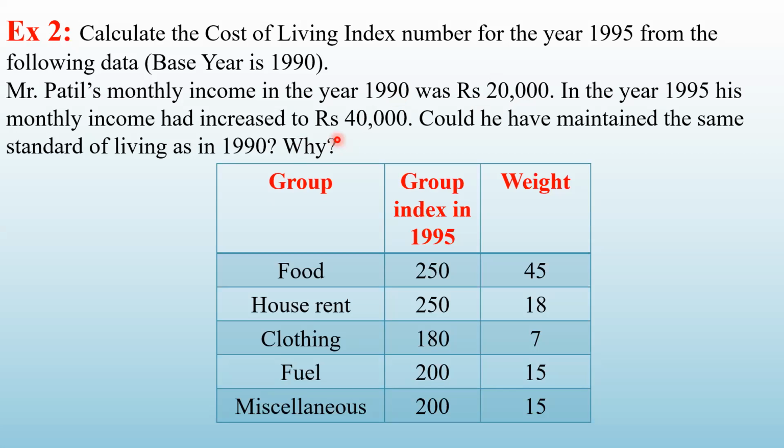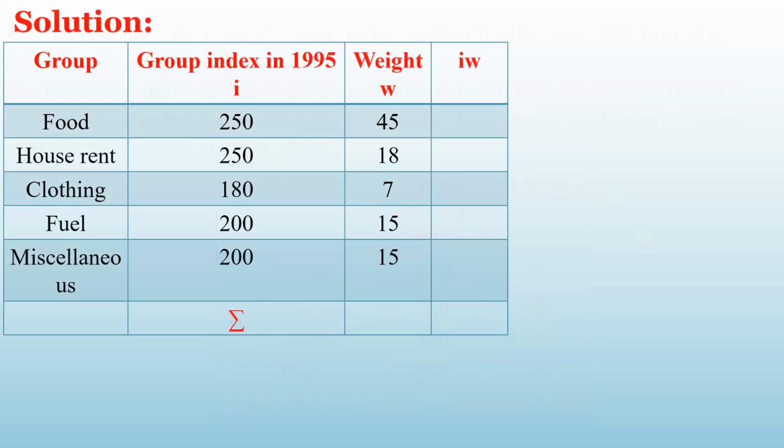Okay. So let us first of all complete the part 1 of the question. Calculate the cost of living index number. So I have copied this table here. I am given the group index in 1995. Already I am given group index means I. The value of I is already given to me. W is also given to me.